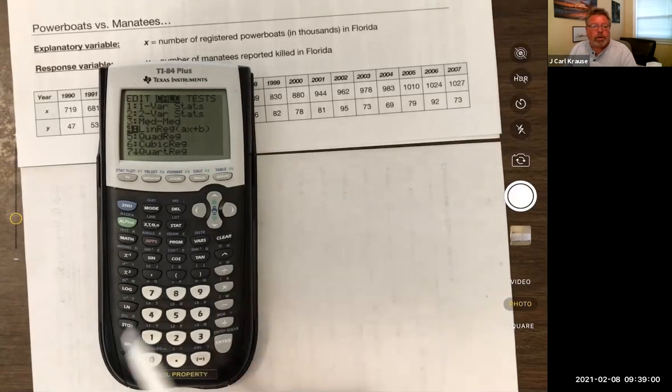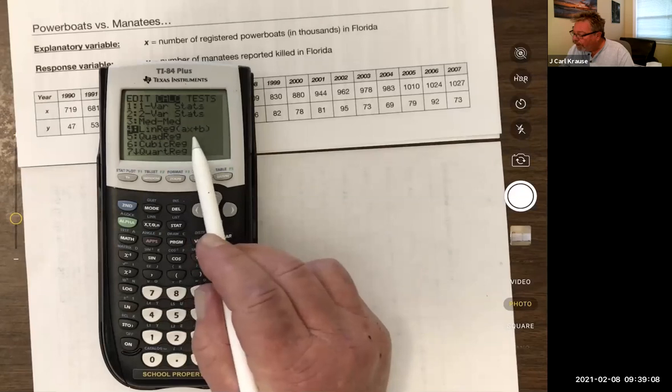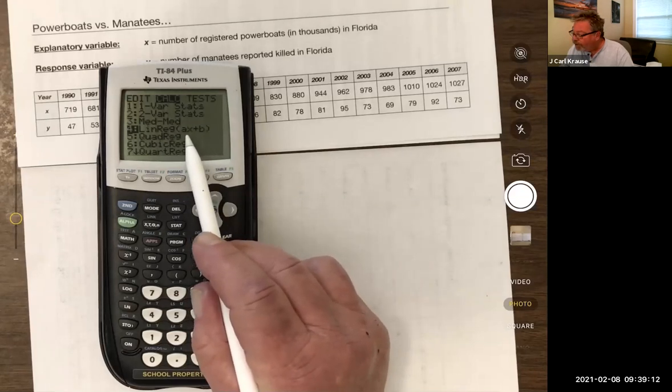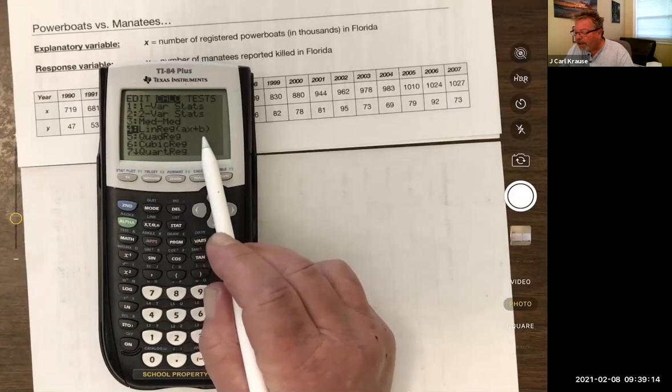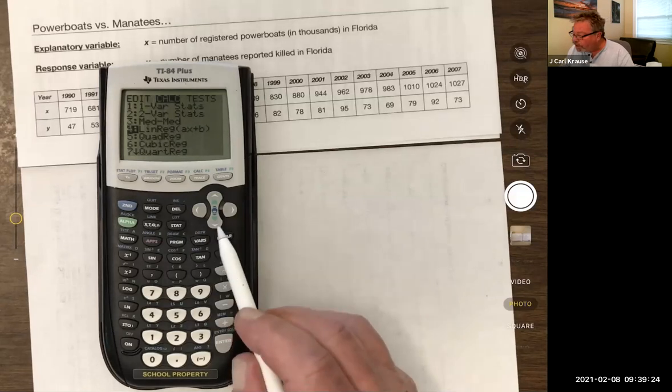Option number 4 says linear regression, LinReg, and then it tells you the form that will be used for the equation of the line. This form is ax plus b. This is not the one we're going to use. So under no circumstances should you use option number 4 to do this analysis.